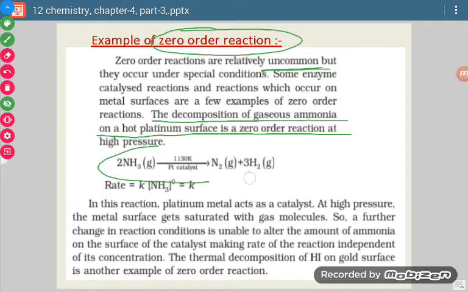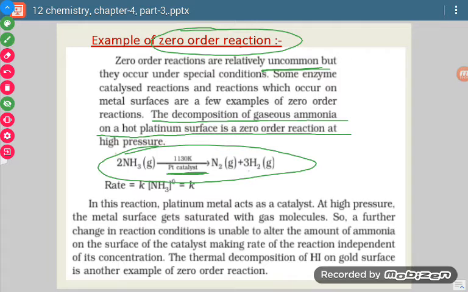We can represent this reaction like this. For balancing, we write 2NH3 gives N2 plus 3H2. Everything is in gaseous state, reactants also, products also. Here we have taken platinum as catalyst and temperature is 1130 Kelvin.